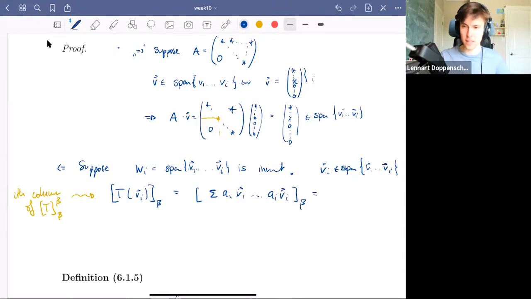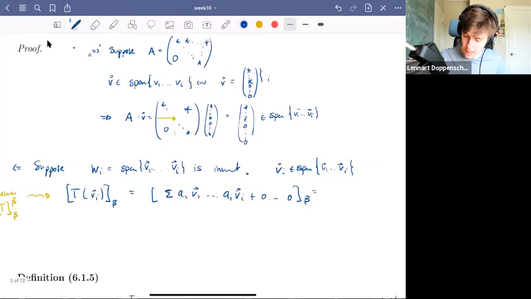But then what is a linear combination of the first i vectors where everything else is 0 in the basis beta? Well, this is exactly a tuple a1 to ai and then zeros.